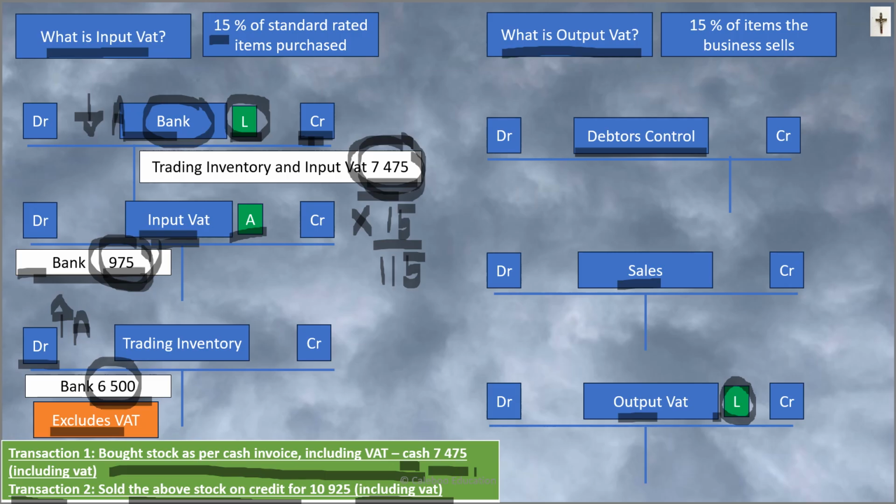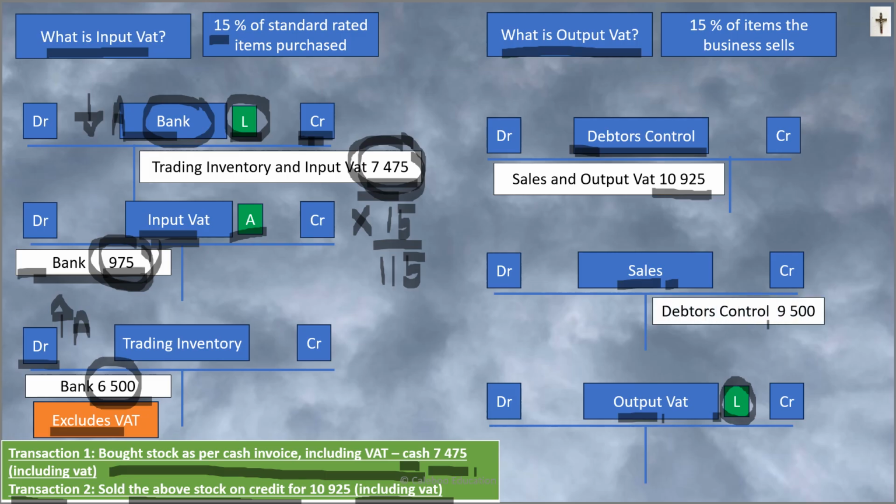So when we sell the stock, I'm only doing the sales part of the entry. We have debtors control, sales, and output VAT. Debtors control is debited with the full amount, including VAT, because we're going to get this money from the debtors at a future date.